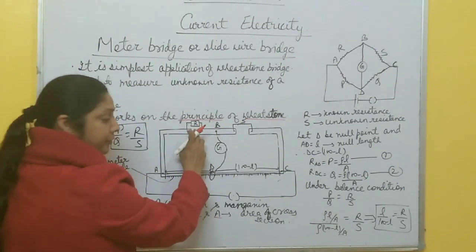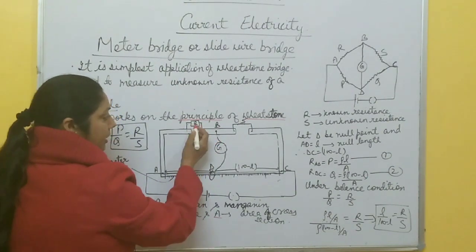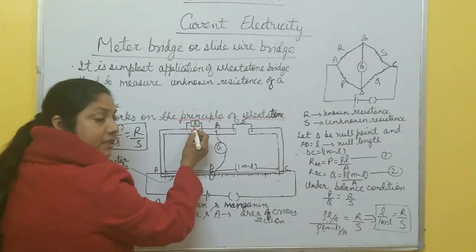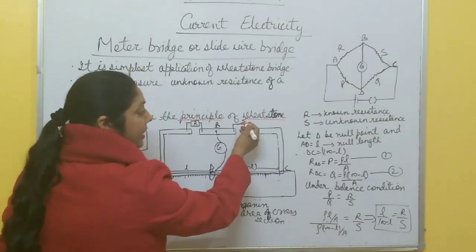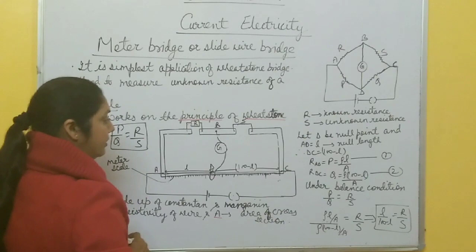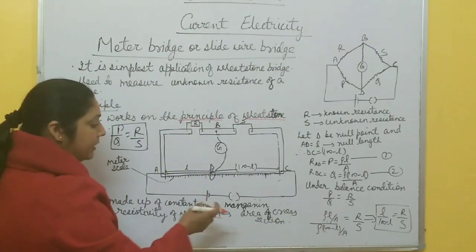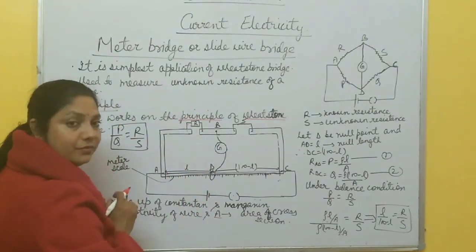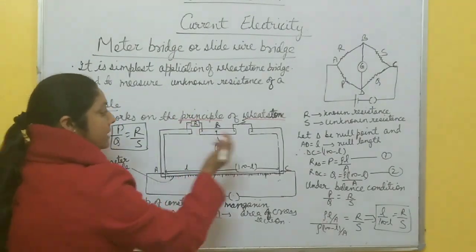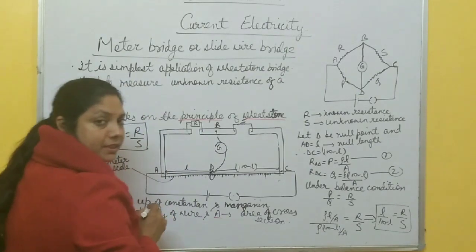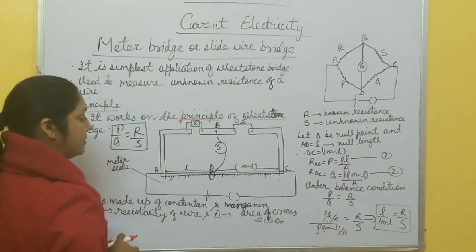In the left gap of this meter bridge, a known resistance R is kept, and in the right gap an unknown resistance S is kept. By adjusting this value of R when the cell is closed, you can easily determine the unknown resistance using the Wheatstone bridge principle, right?